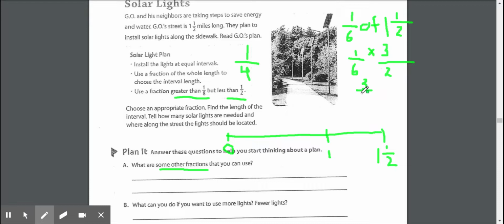That tells me if I split each section into 12ths, split this into 12ths, and then this isn't a whole section, it's only a half a section. That would be split into 6. Every third part, I would put a light. So I'm going to split this into 12ths.